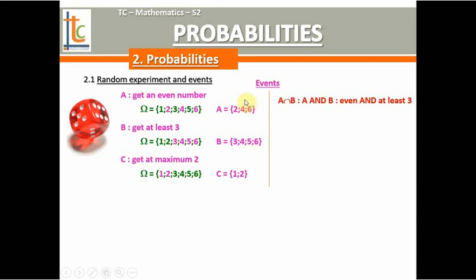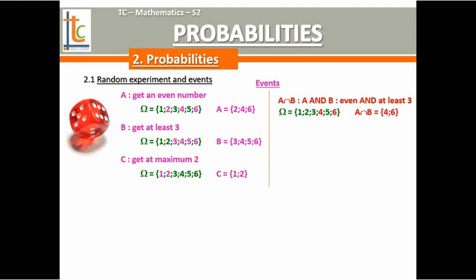If you want to be even and then at least 3, you've got 4 and 6. If you want to be at least 3 and then even, there is still 4 and 6. Okay, A inter B equals {4, 6}.